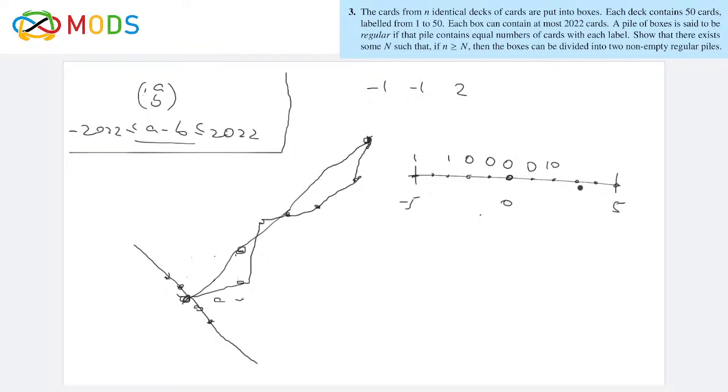And maybe you can have a single minus 5. But if you have both of these, oh, it just dies.